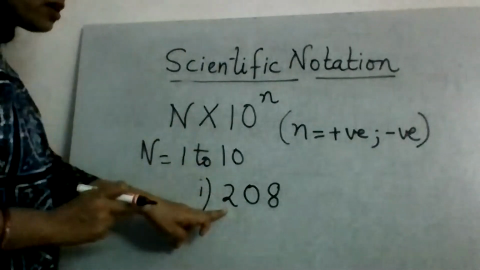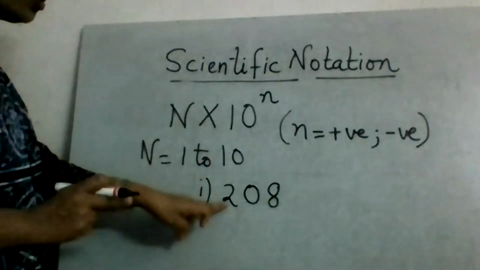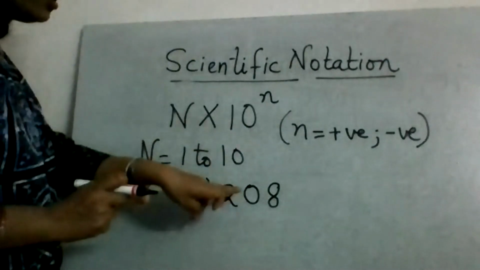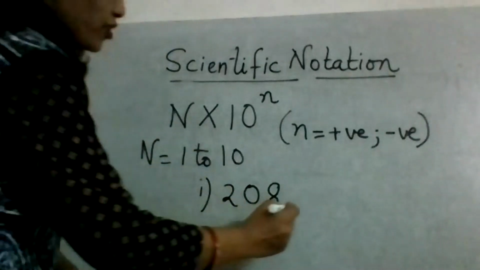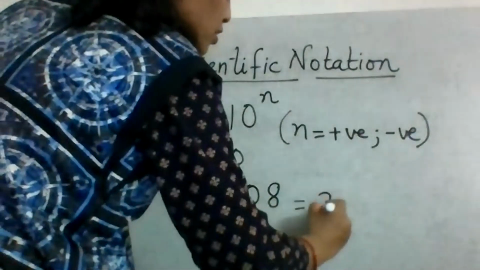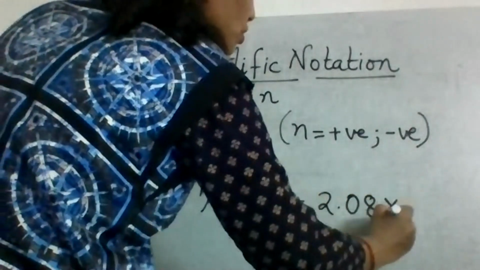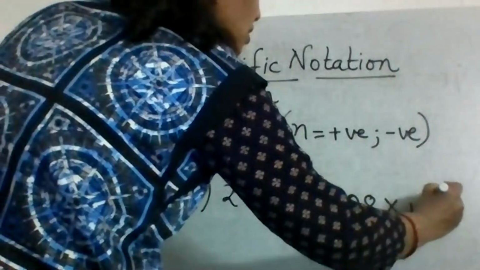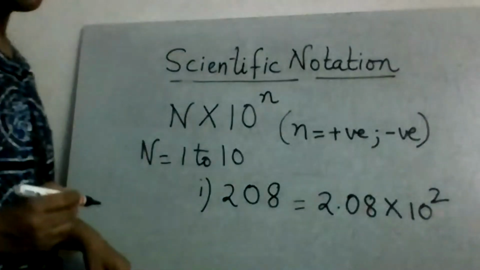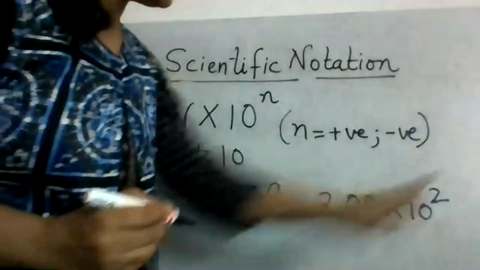So here the capital N value is 2. So I'll put the decimal after 2 and I will write the answer here as 2.08 into 10 raised to 2. How did I write 10 raised to 2?